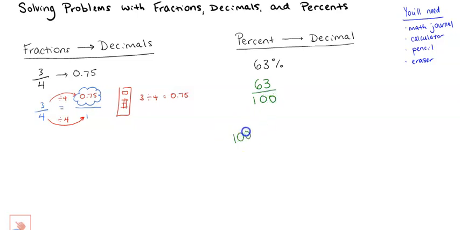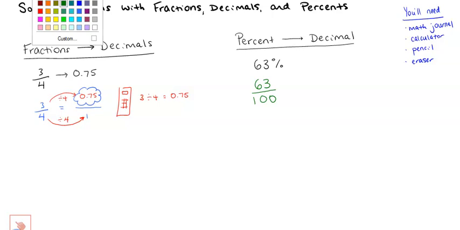So 100% we know is 100 out of 100, and any other percent is going to be that number out of 100. So we need to start thinking of any percentage as a fraction out of 100. In this case, we have 63 out of 100. But we need to convert that into a decimal.